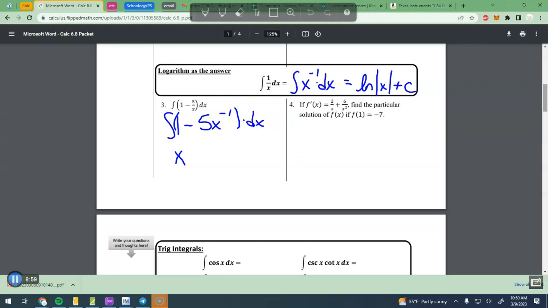Oh yeah, that's not what we do for this one. We do natural logs. So this 5 just hangs out. If you have a 5 in front of an e or an ln or a cos or whatever constant you have, it just drops down. And then the integral of x to the negative 1 is the natural log of the absolute value of x. And then you throw a plus c on the end because we don't know what's there, and they're not telling me to find a particular solution.